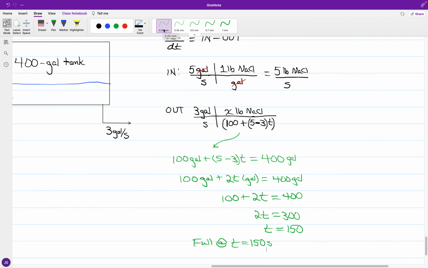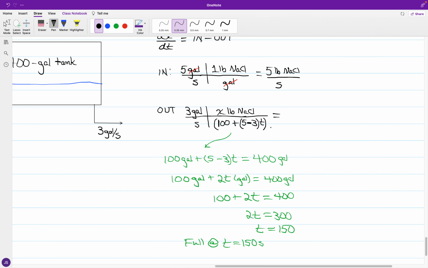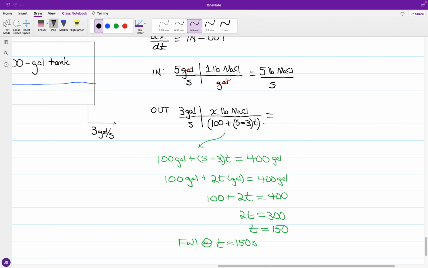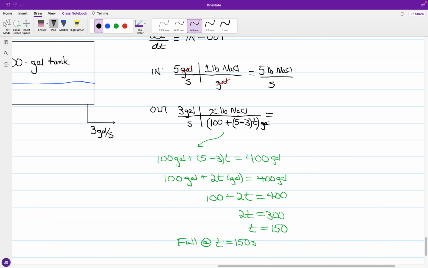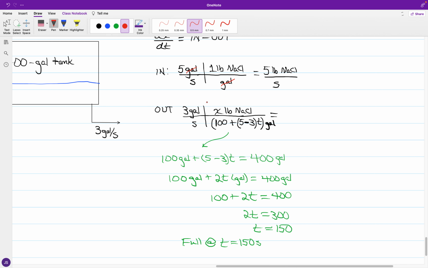And just going back to the setup, for what we have going out, we're going to have 100 plus 5 minus 3 quantity times t. Again, you have the number of gallons. And for the units, gallons will go out.